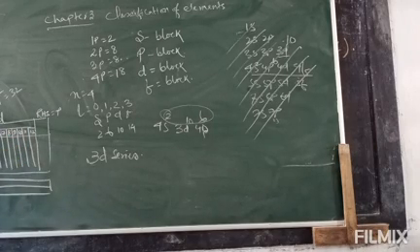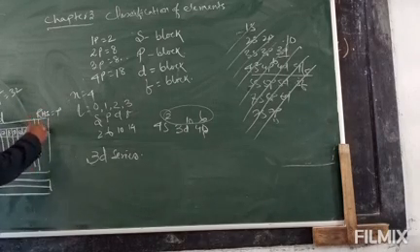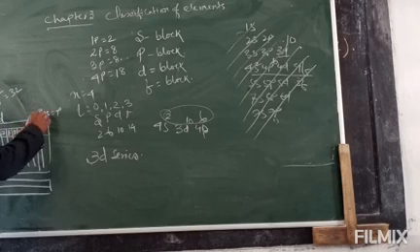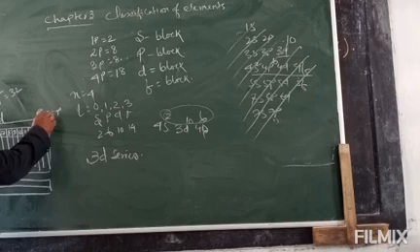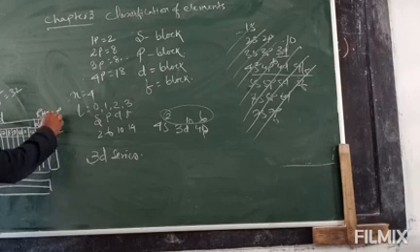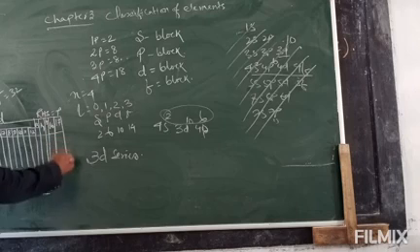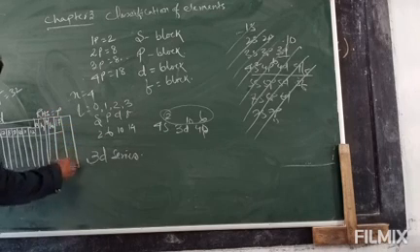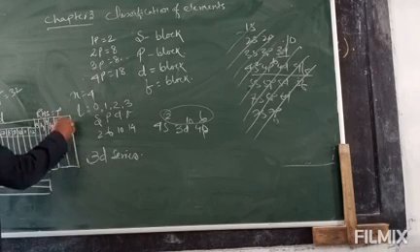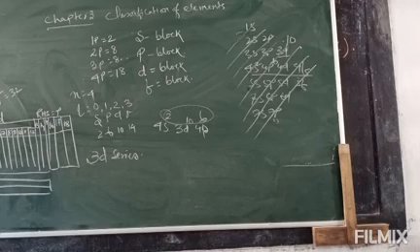After going to 12, we have p1, which is group 13. P2 is group 14, p3 is group 15, p4 is 16, p5 is 17, and p6 is group 18. Like this you fill up.